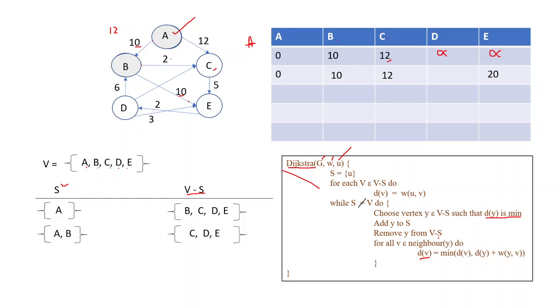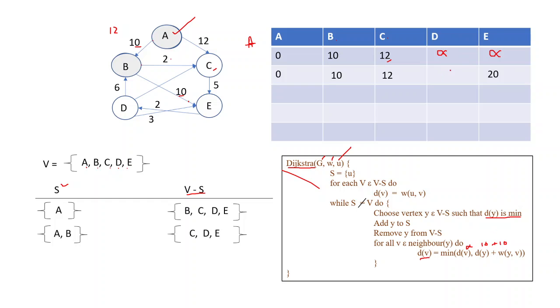Now if we consider this line, d of V, that is distance to V, in our case will be E. So distance to E is going to be the minimum of distance to E and distance to Y, that is B in our case, plus the path cost between B and E. So this was infinite, and this is going to be 10 plus 10, that is 20.